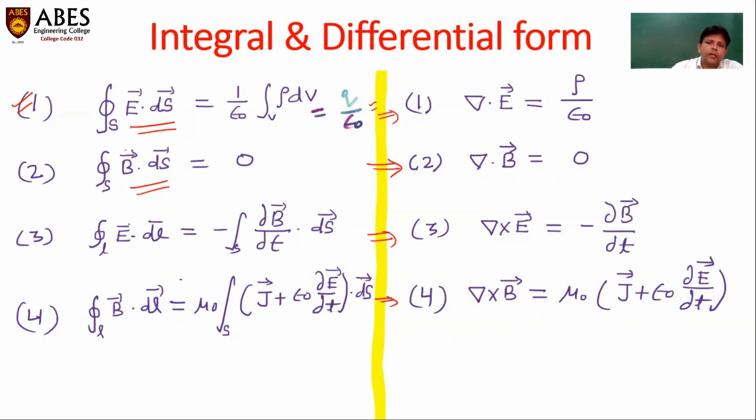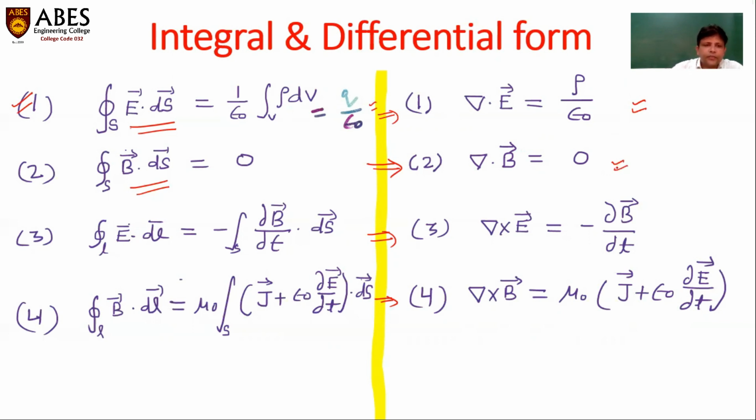It signifies that a monopole does not exist. That is the significance of Maxwell's second equation. So the first is the Gauss law in electrostatics, and this one is the Gauss law in magnetostatics.